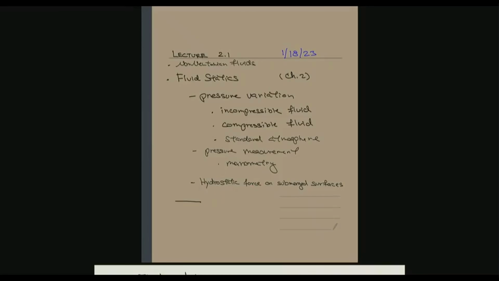So if you've got some object in the ocean at some depth, then we can evaluate the force. That's kind of where we're going. Maybe today we can at least look at the pressure variation, the governing equation, and then apply it to an incompressible fluid.